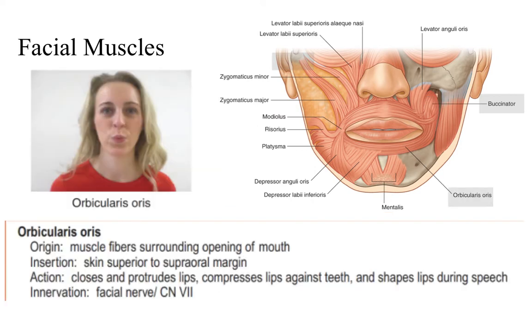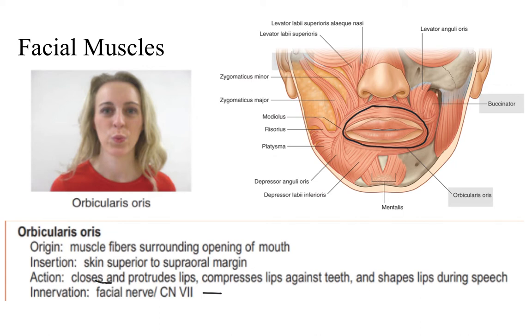All right, next we have the Orbicularis Oris. We've already had an Orbicularis muscle, and those were with the eyes. Oculi refers to eyes, oris refers to mouth. So Orbicularis oris would be surrounding the mouth. Again, cranial nerve 7, the facial nerve, and its job when contracting is like putting a rubber band around the lips.